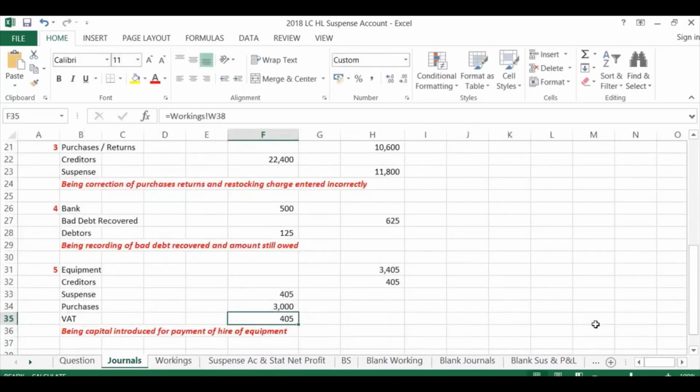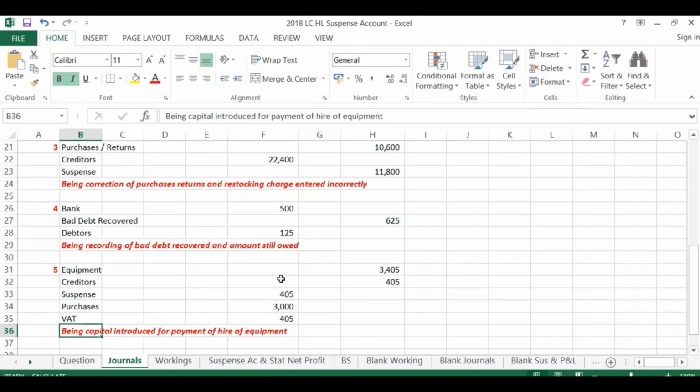Again, just to make sure these balance, I'm going to add up the left hand side. You can see it comes to 3,810 here, and the right hand side comes to 3,810, so my journals balance. And it's going to say here, being capital introduced for payment of hire of equipment. And again, you have to put in one sentence here just to explain what's going on.